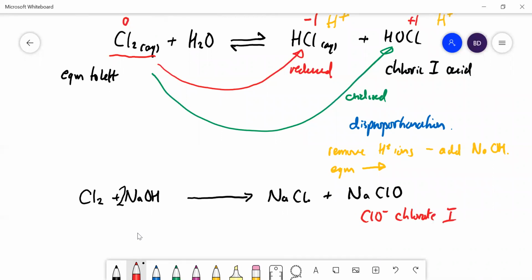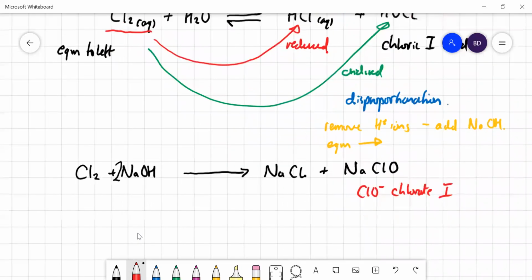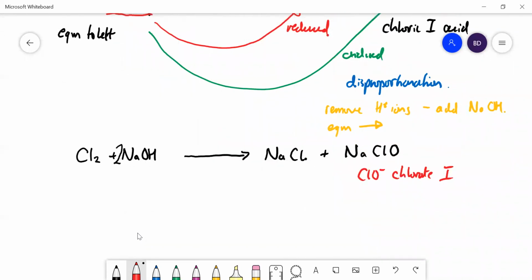The oxidation number again is +1, and you can see this is a disproportionation reaction also, because we've got chlorine 0 there, goes to -1, and it goes to +1 there. Okay, so what I'll do is I'll replace that with an equilibrium sign. But in this case, the equilibrium lies very far over to the right.